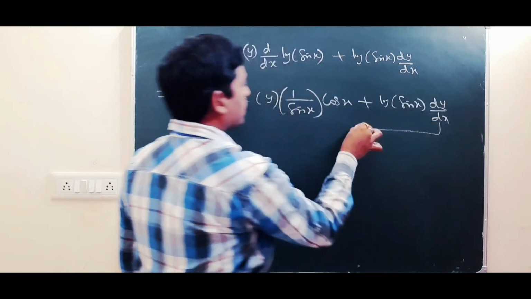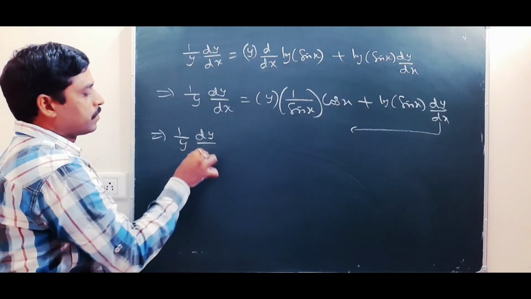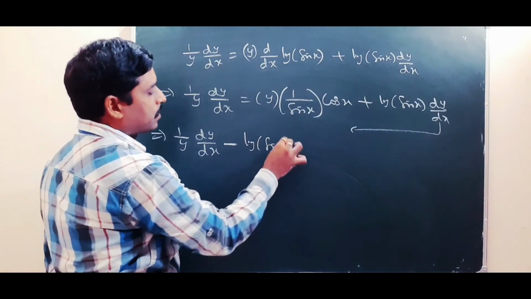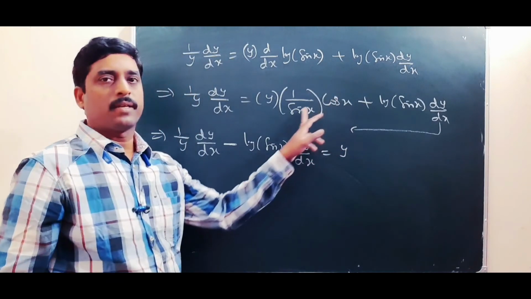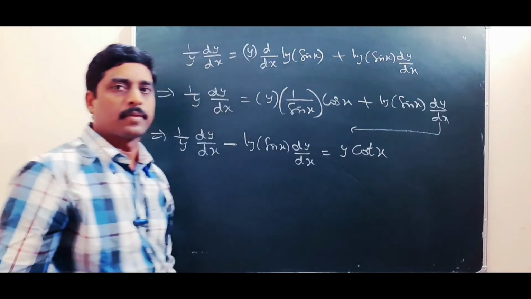Plus log sin x into dy by dx. So this dy by dx term we bring to the left side. So 1 by y times of dy by dx minus log sin x into dy by dx equal to y into cos x by sin x. This is nothing but cot x. Okay.